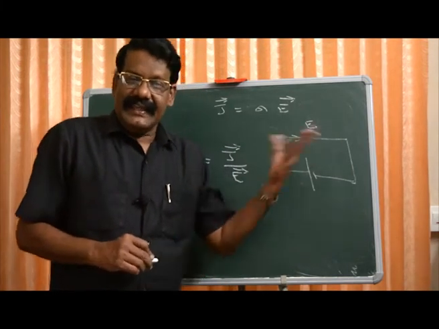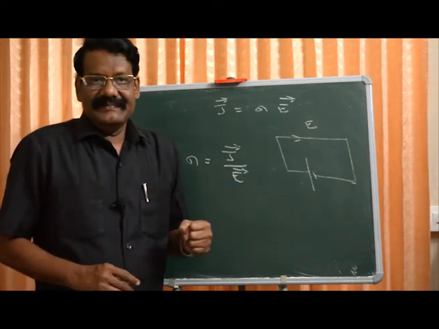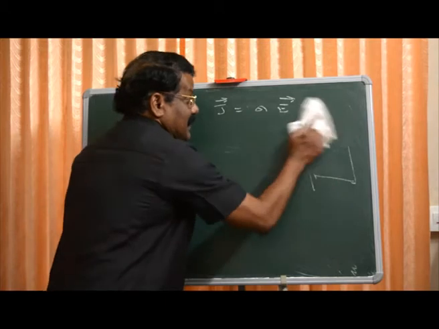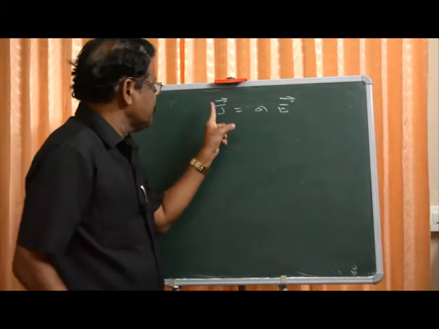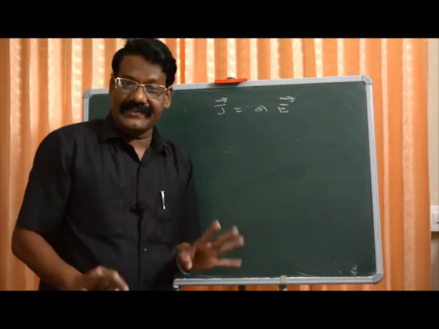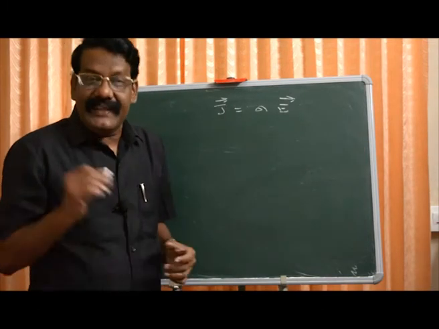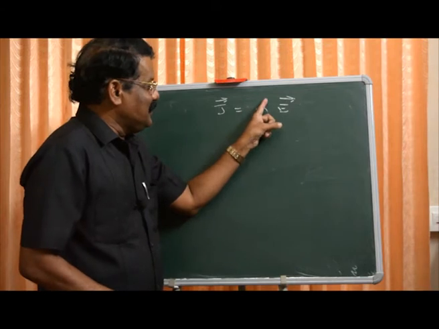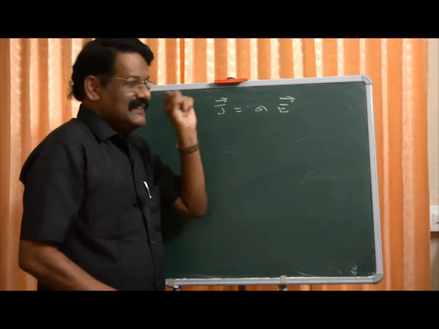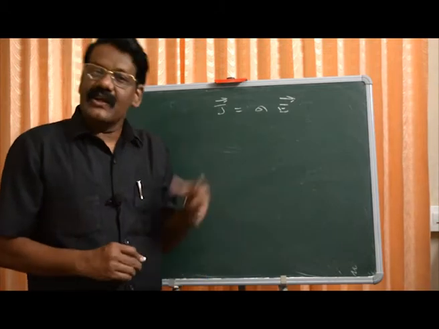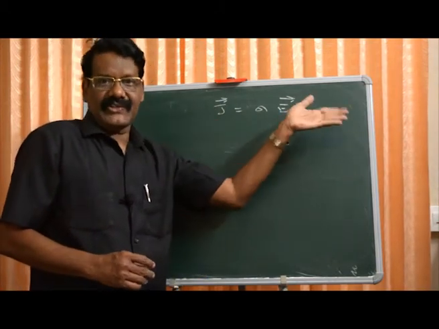Correct? In that context, what will happen? J and E will be in different directions because the conductor is anisotropic. In that context, I already showed that sigma will be an entity called a tensor. Here also we have non-components.